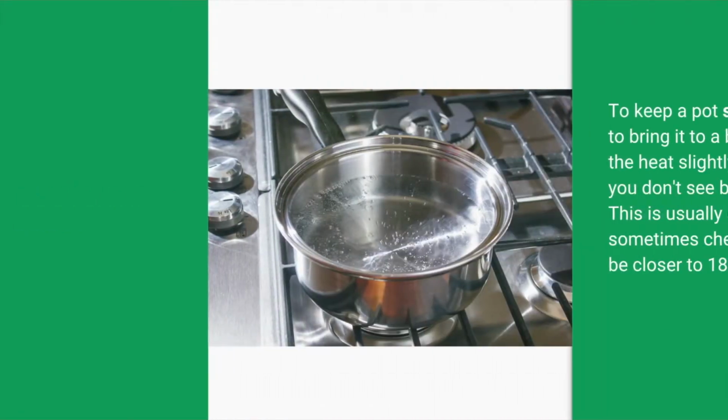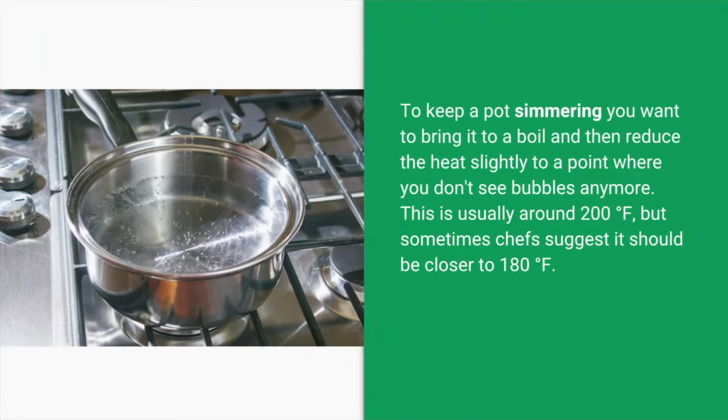Now, we'll move to talking about cooking on the stove. So, first, water. To keep a pot simmering, you want to bring that to a boil, which we'll talk about in a moment, and then reduce the heat slightly to a point where you don't see bubbles anymore.